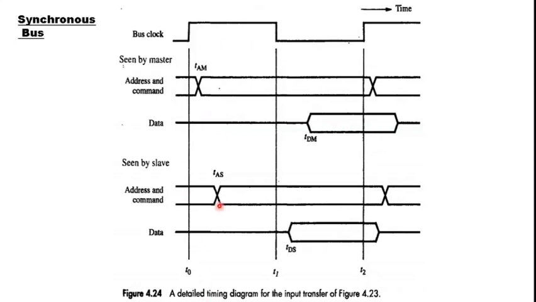Then the next problem in the design of a synchronous bus protocol is that not all devices can respond within a duration set by the designers. Some devices will be extremely slow, some will be extremely fast. Suppose the case that we are having now in figure 4.24 was the case of a RAM, right, as slave.